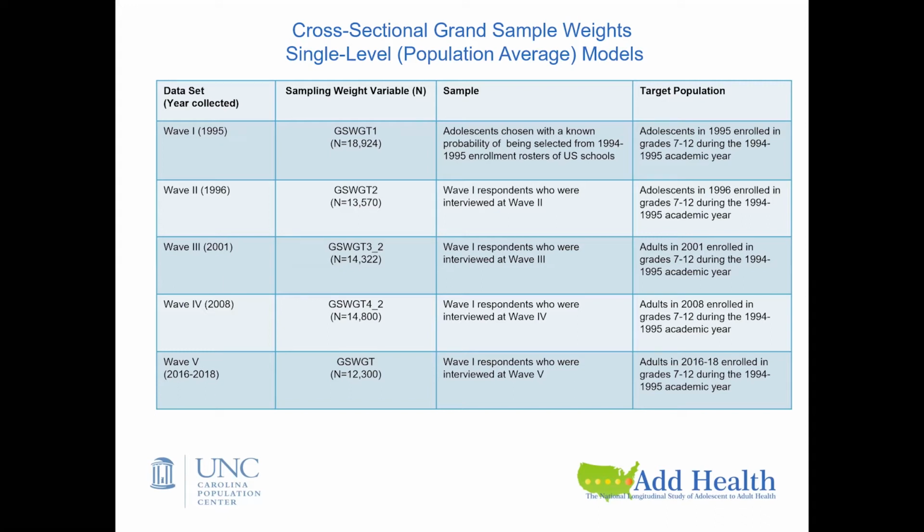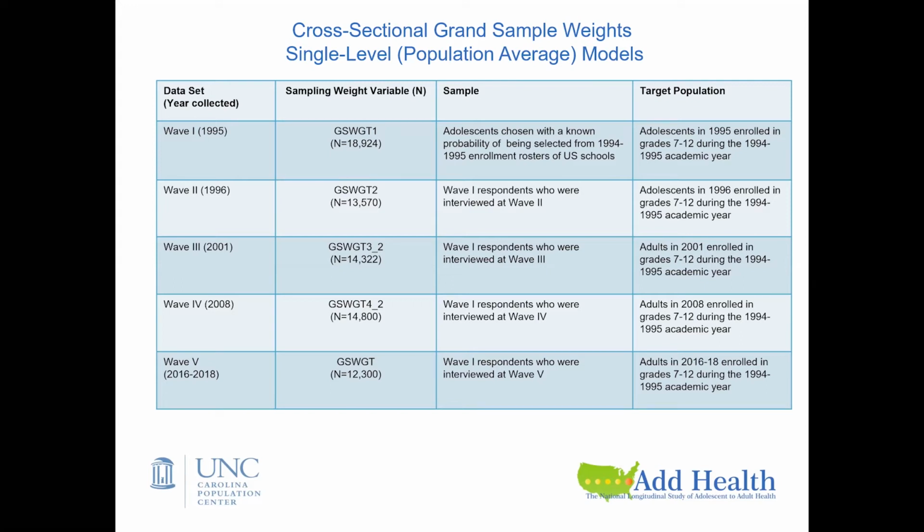We also have multi-level models, and I'll show you the weights for these, but I'm not going to go into them in a lot of detail. These are analyses that are providing estimates for adolescents who were in school during the 1994-95 academic year, but they're designed to estimate a model where the levels of interest in the analysis match the sampling levels of school and adolescents.